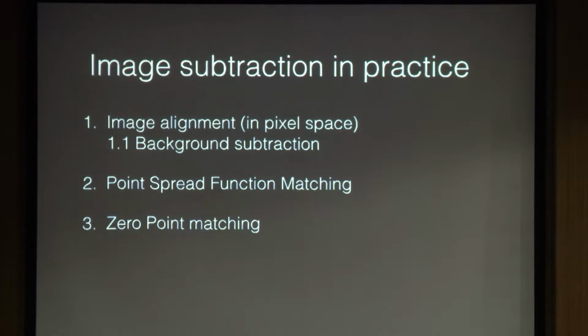One footnote I want to mention here is that it's very common that you will have to improve the background subtraction as part of one of these steps. And this will be in the Python notebook, a fairly sophisticated way to do it actually.